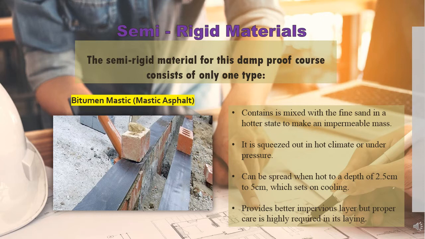Due to this consistency, it can be spread when hot to a depth of 2.5 cm to 5 cm, which sets on cooling. It always provides a better impervious layer, but proper care is highly required in its laying.